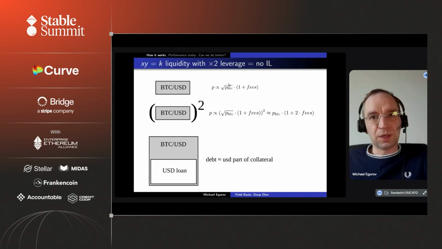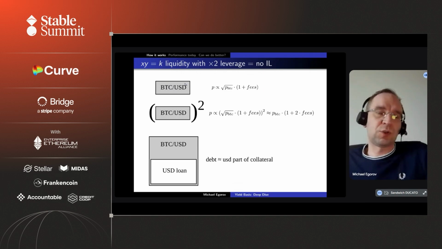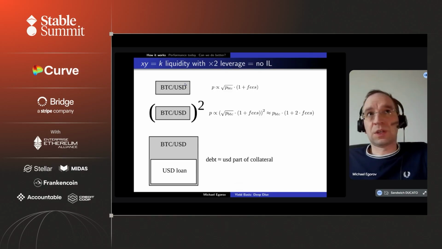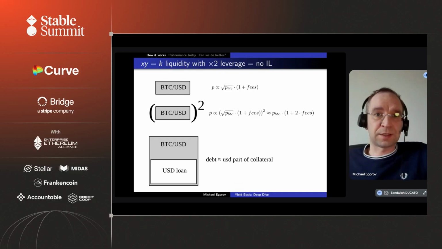And if you have this pricing function being square root of your crypto price, then it's actually not good, because it appears then if you held these Bitcoins and US dollars somewhere aside, you would have essentially almost always a bigger value if price of the asset changes if you neglect the fees.